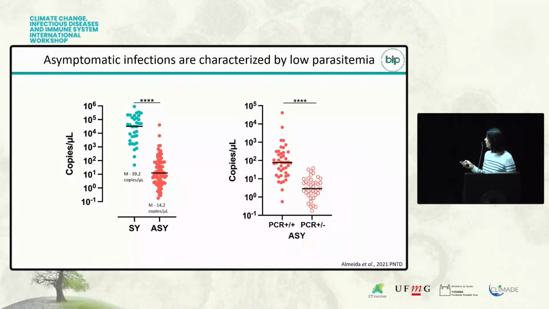What we also saw, and it was what we expected, is that asymptomatic infected people had much lower parasite copies compared to the symptomatic. And here is an interesting result as well, because we did 3 PCRs for each sample, and the ones that were consistently positive had more copies than the ones that had 1 or 2 PCRs positive.